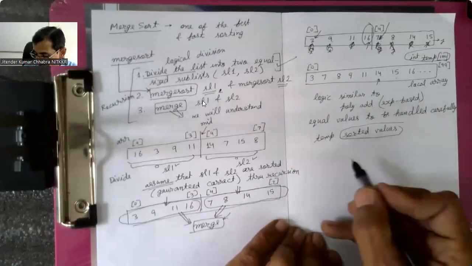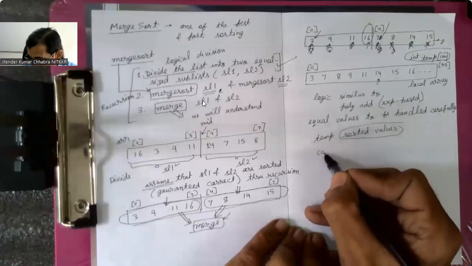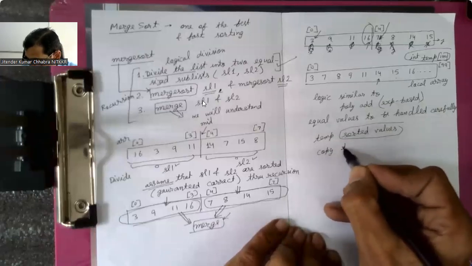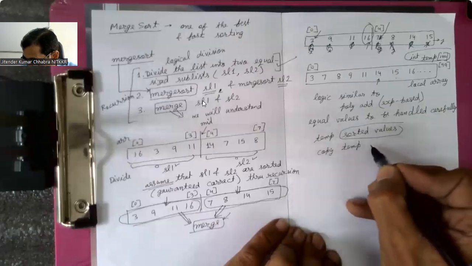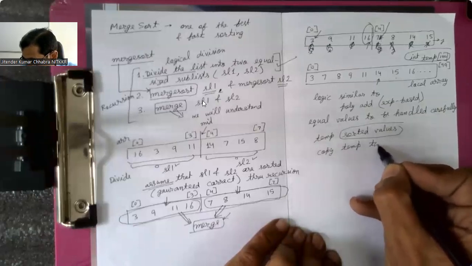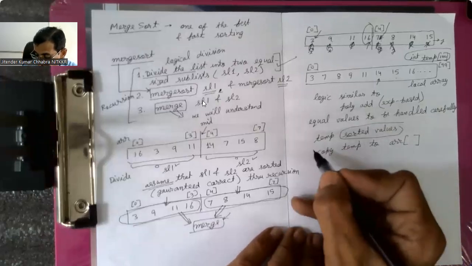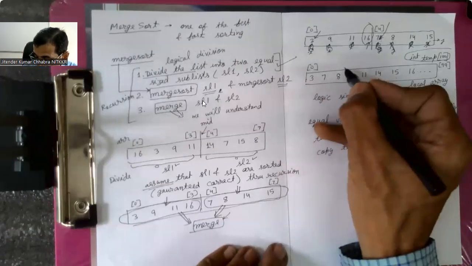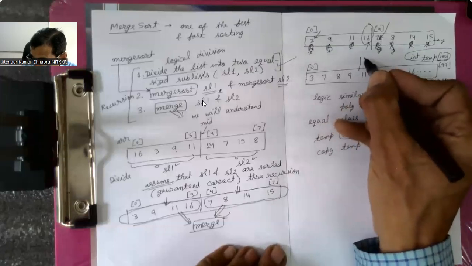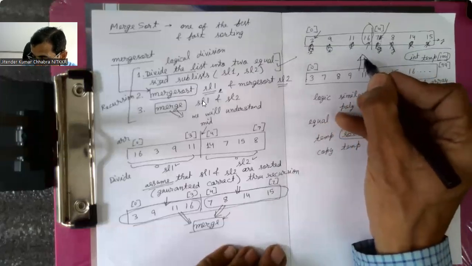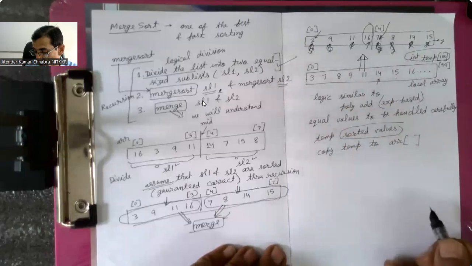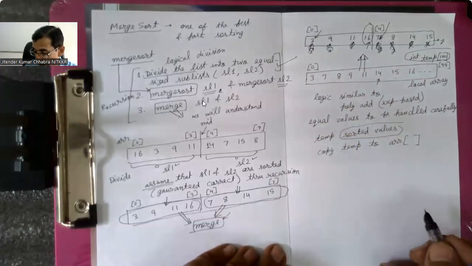So the merging step will mean now copy this back from temp to ARR, because my original array ARR was actually used to send the data, and that will be used for displaying or using that data.